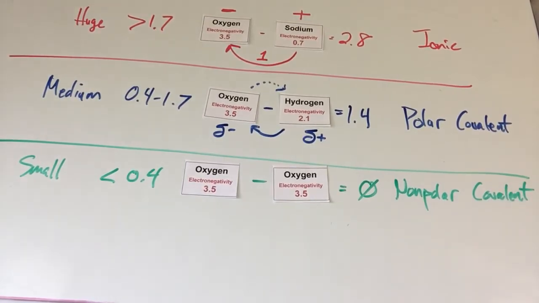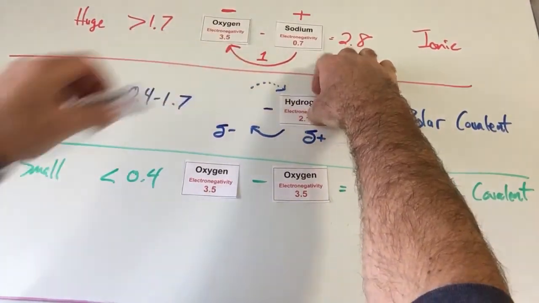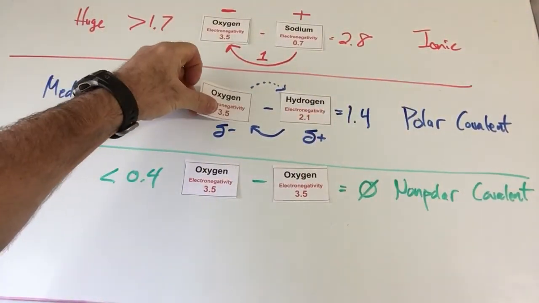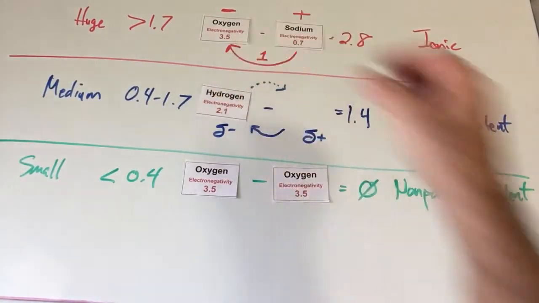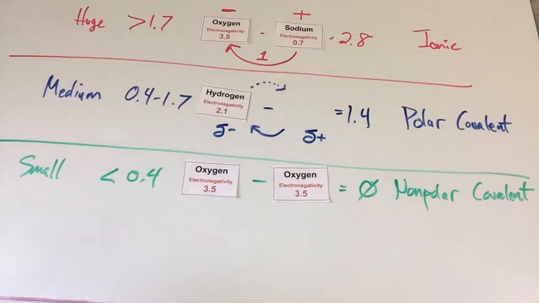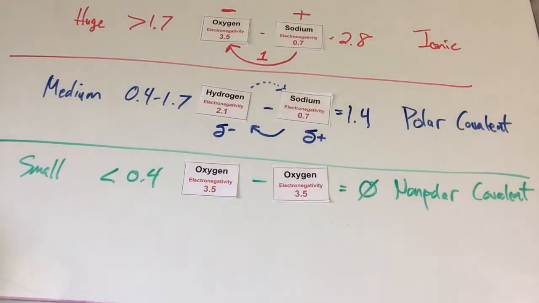And just to really nail this down, if I take oxygen and hydrogen, now remember, in this situation, hydrogen is slightly positive, but what if I pair that up against sodium? Now the math happens to work out that it's still a 1.4 difference in their electronegativities.